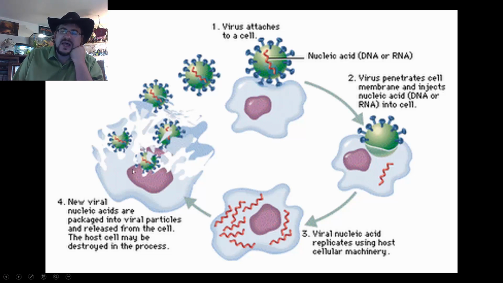And then the enzymes and the genome are assembled inside the protein shell. We pop out, and we go and start over again. So it's sort of a cycle of infection. Viruses are pretty scary stuff.